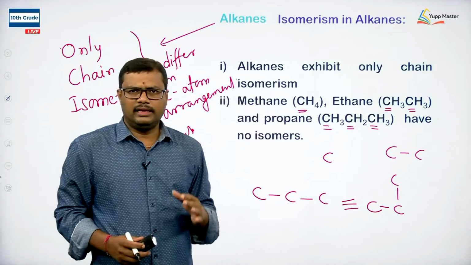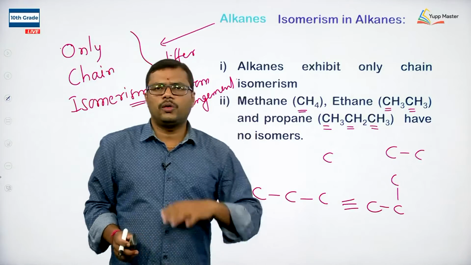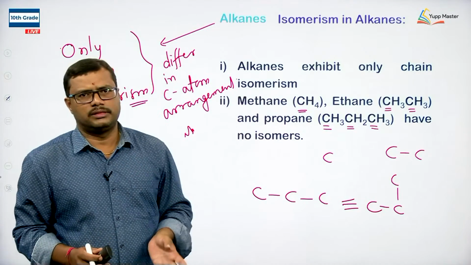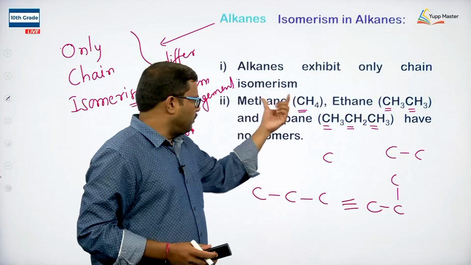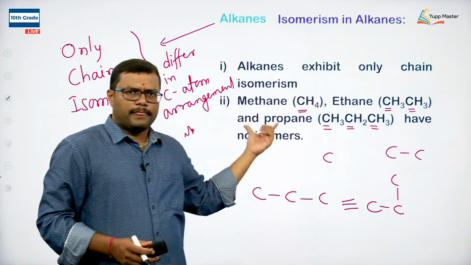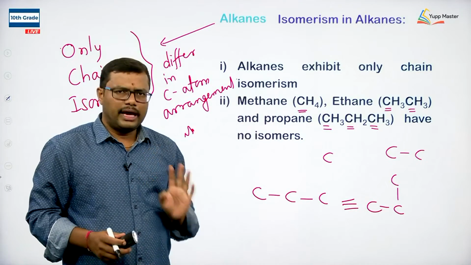So methane, ethane, propane won't show any chain isomers. These are the 3 alkanes which do not have any isomers.